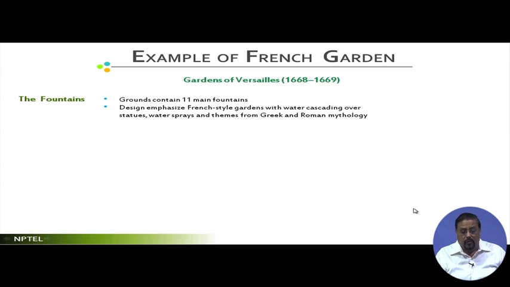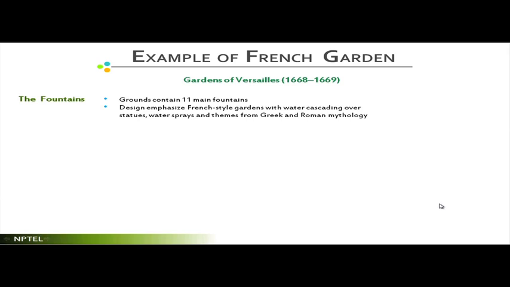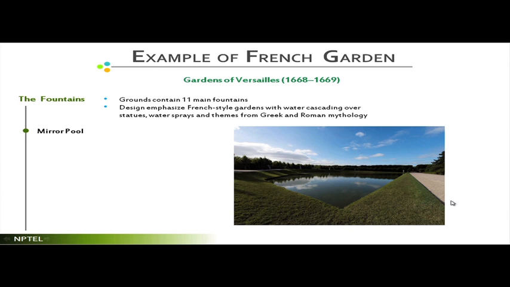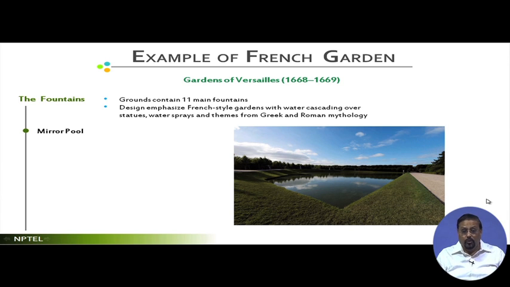These fountains were essentially with the cascading over statues or water sprays. The statues were the good handiwork of the sculptors, which were kept at certain points and which were depicting some Greek or Roman mythology. Such fountains, now they also had mirror pools.